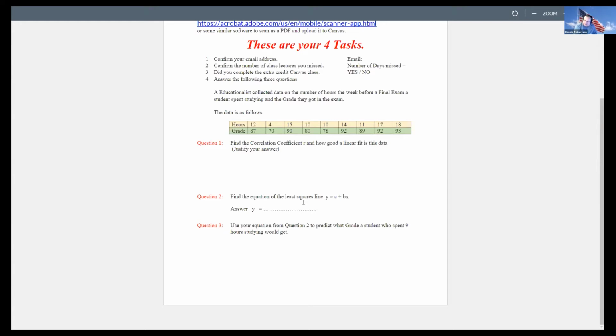And wouldn't the 5x be for every hour he studies, he would increase his grade by 5 points? So do you see how the y-intercept and the slope can actually give you some insight into how the relationship works? Okay, have we any questions about that, or are we good?